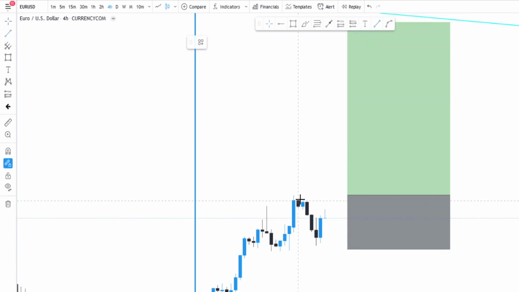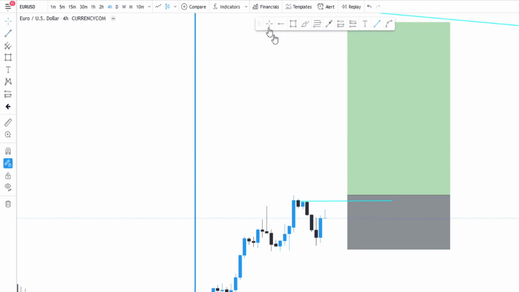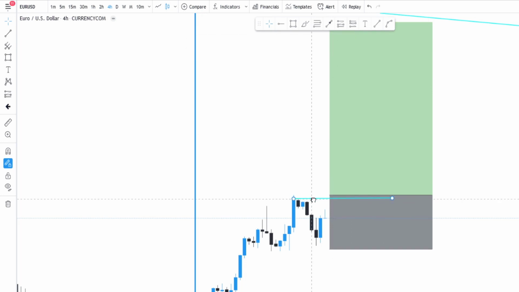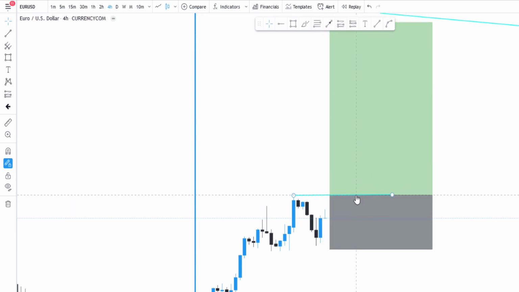So here we've got the break of this trend line. Let me slide it at the break here of this high here, and then a retest and then go up.